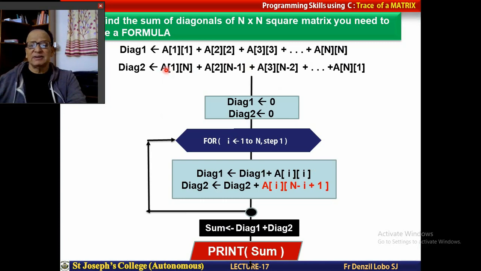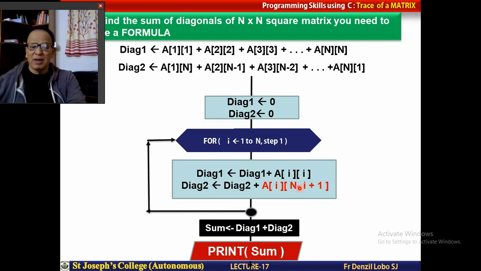So here I've got it written. Instead of AII, it becomes A I, n minus I plus 1. At the beginning, the I value is equal to 1, therefore minus 1 and plus 1 go, and it becomes n. When I becomes 2, it becomes n minus 1.